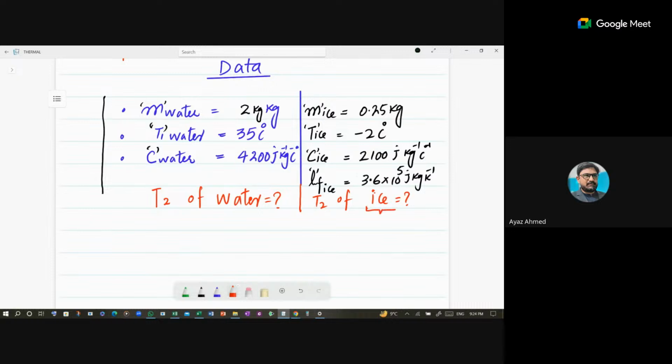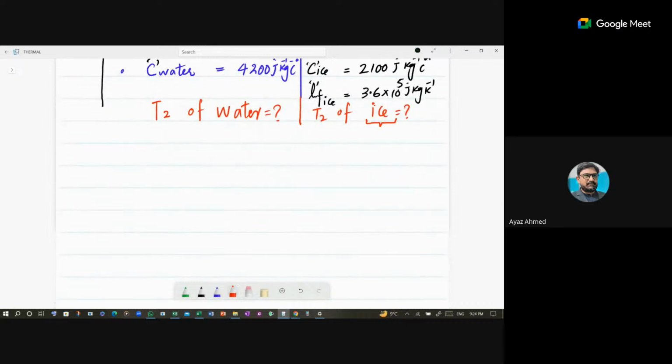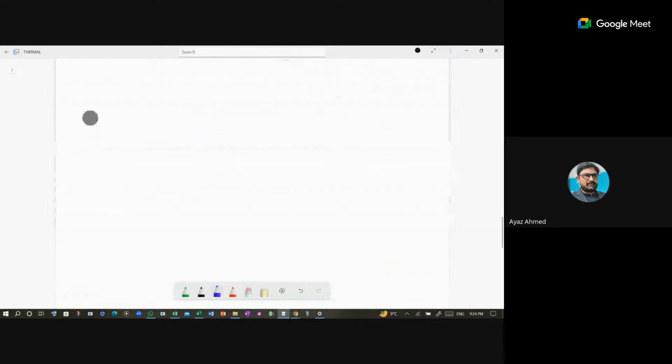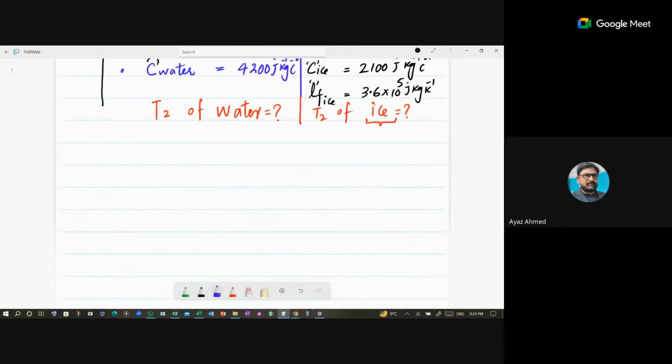My question is for all of you. Will it remain ice? No. You all have to do one thing. Did I explain the heating curve and cooling curve? I explained it last time.